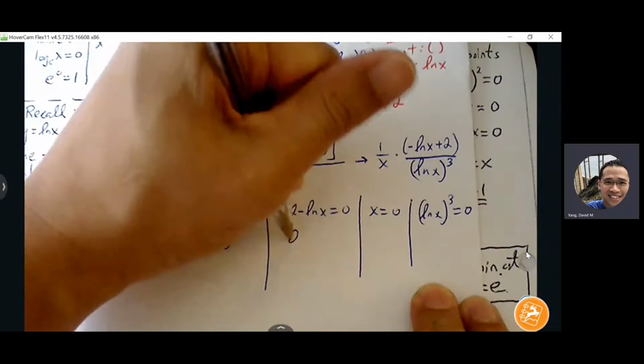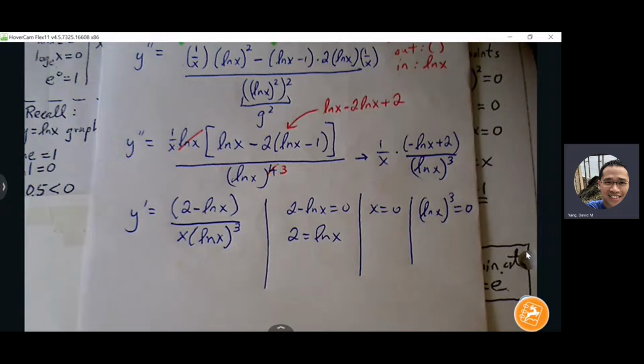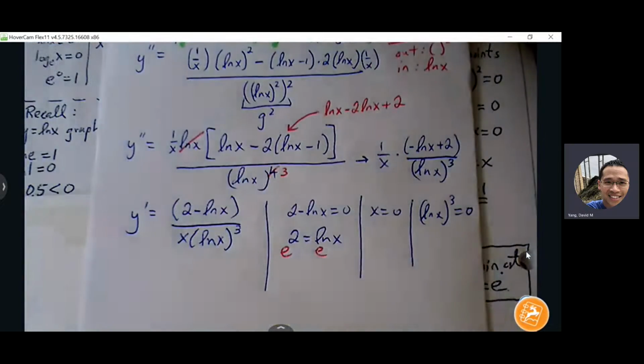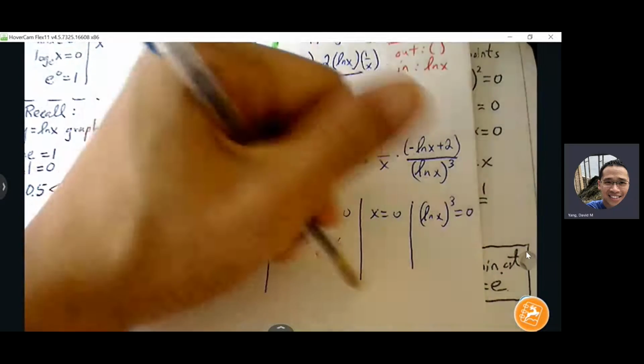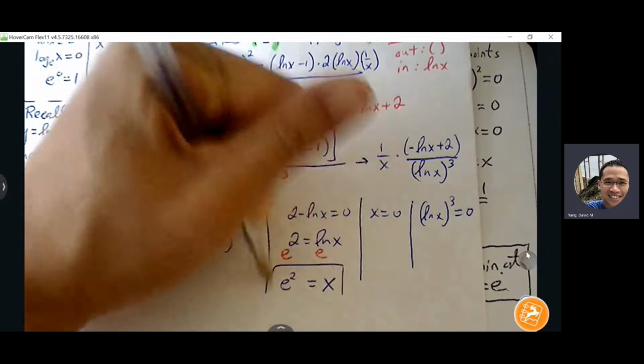Okay, first one here, 2 equals natural log of x. Now this, we're not going to be able to look at the graph to figure out because it's not an easy one to find, but we practiced going through algebraically, so we should be able to get to our x value here. Raise both sides, e as the base. E and natural log go away, I'm left with x equals what? E squared. Okay, so that's one critical point.